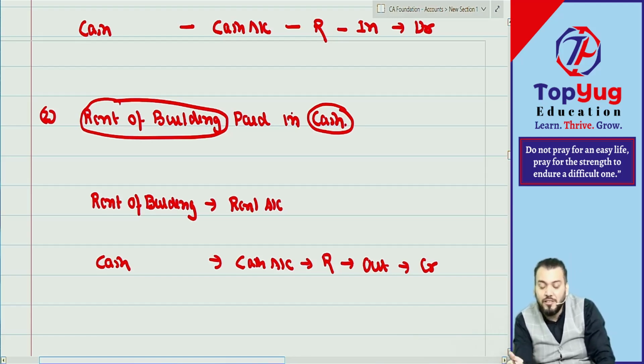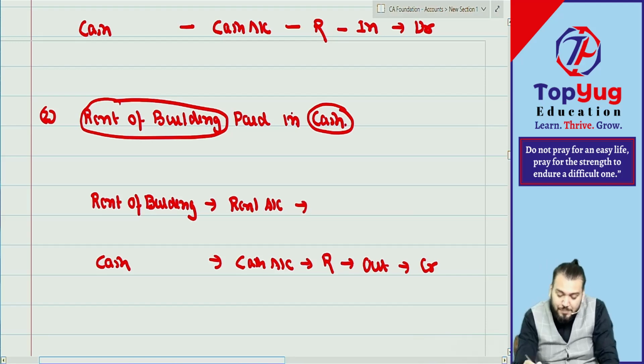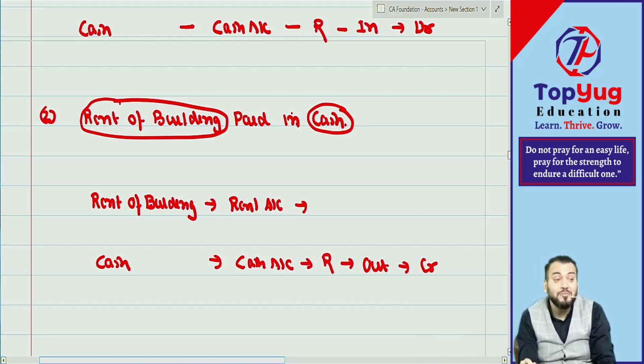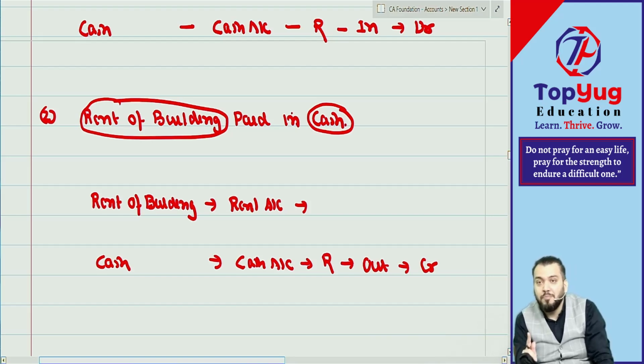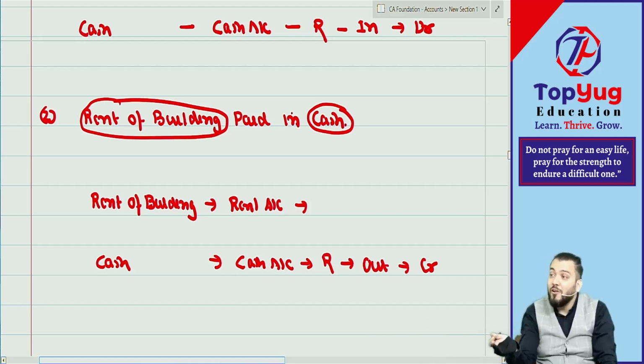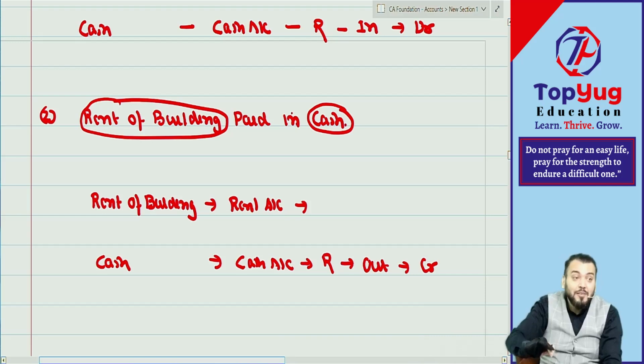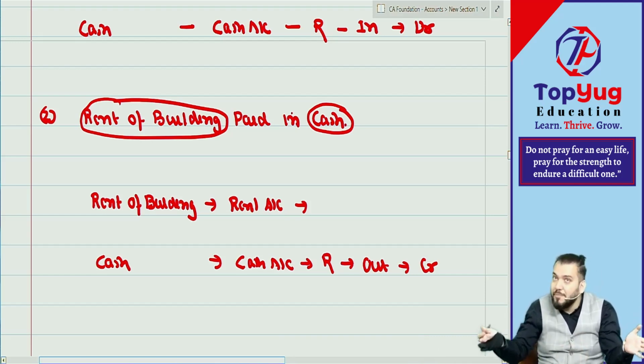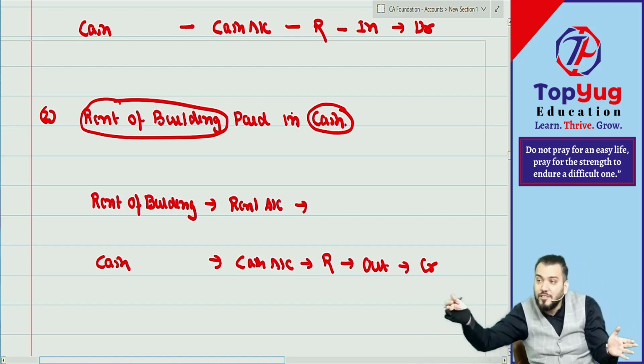Understood? Now we need to find out, rent is what? Real, personal or nominal? Because the rent is an expense or it is an asset. Why is it an expense? Because we have already used the building and we have enjoyed that building, the benefit derived. Suppose I have taken this building on rent. Once we have paid the rent of this month, I have already used this month.